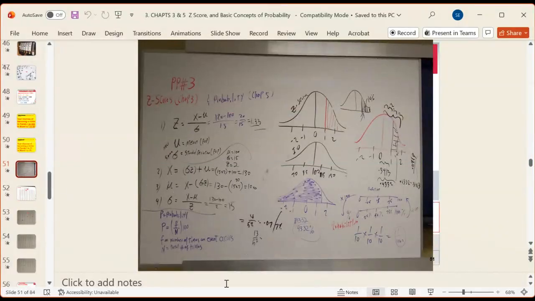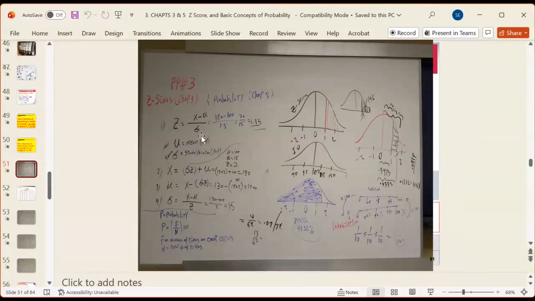So this is what we covered last time. We talked about Z-score, and we said there are two different types of Z-scores. One is for the single score, which is the one we talked about. And there's another one which is for a sample.